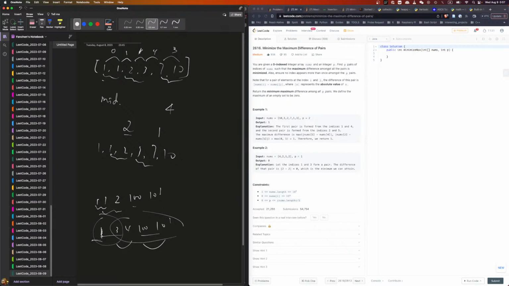Is this going to be a DP? So we say DP index gives me the min max. For each index, I can say I'll take this, and you give me the min max of the remaining. Or I don't use myself, I just return this.